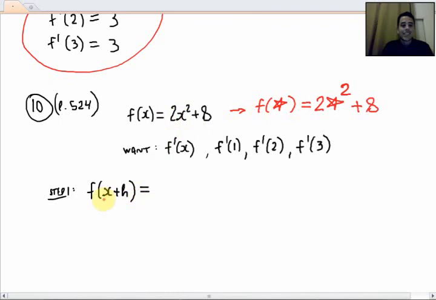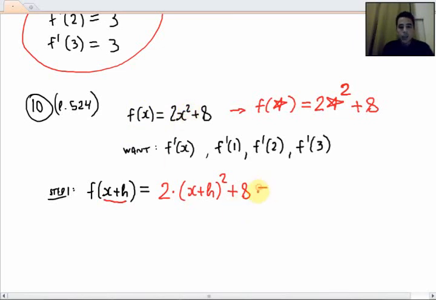All right, so here's the input. We're going to take that, square it, times 2, plus 8. So you're plugging this input in here, so that would be 2 times the input squared plus 8.